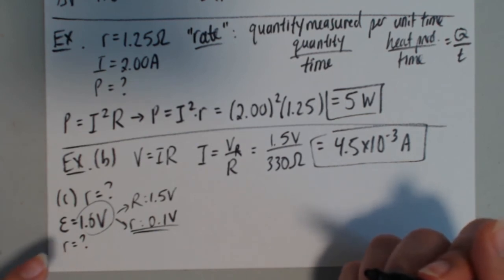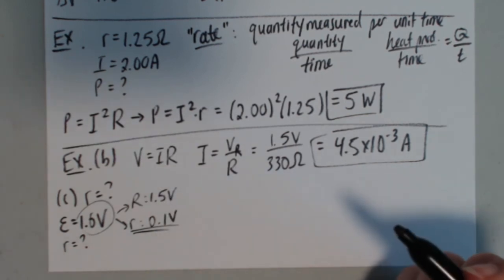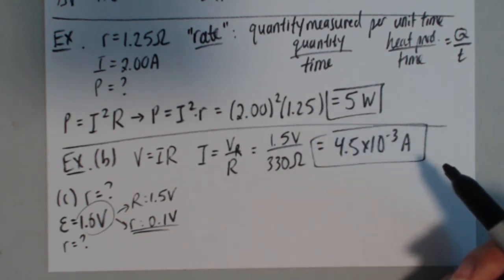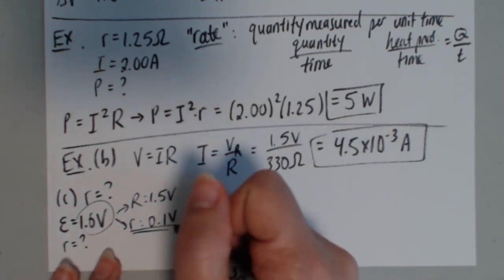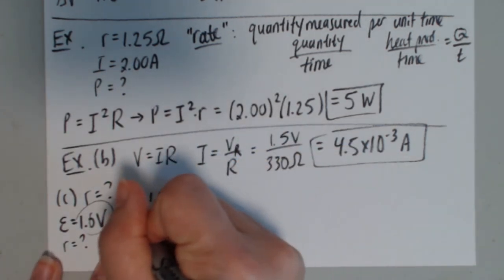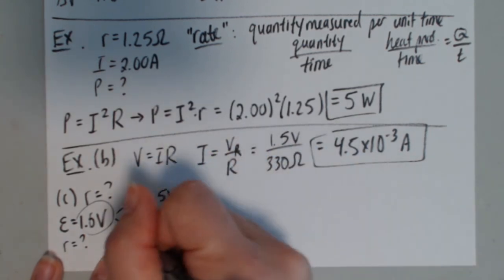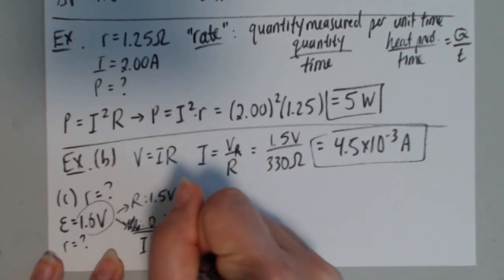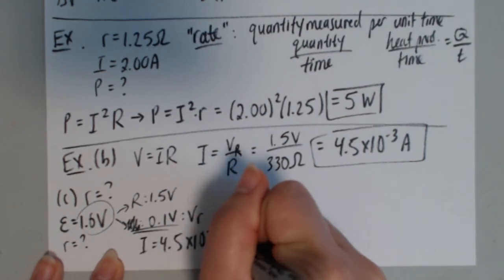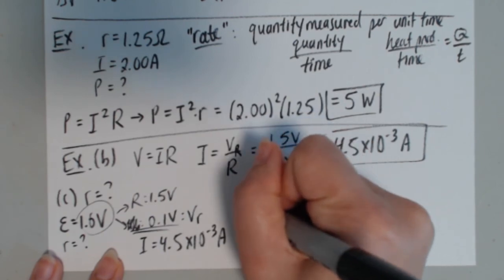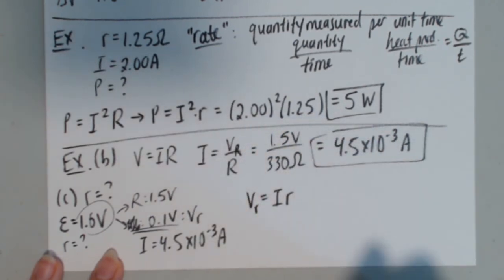How do I find the actual resistance? Well, I have to find the current, which I have. If I know the current going through the big resistor, I know the current going through the battery, hence the internal resistor. So I know the voltage, so actually I should call this V sub r, and I know I, 4.5 times 10 to the negative 3 amperes, and so I can find the resistance. Using Ohm's law, V sub r is equal to I times little r.